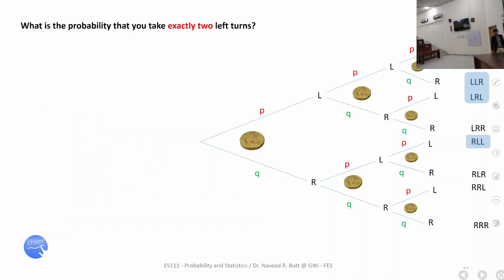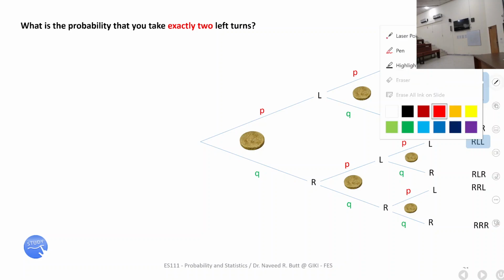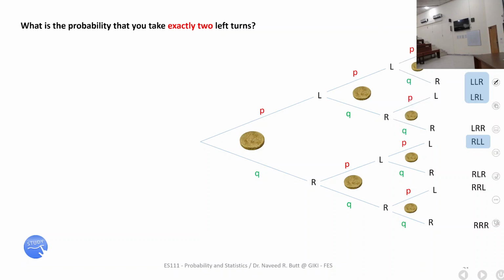Now, second question. We will come back to the first one also. What is the probability that you take exactly 2 left turns? Again, the assumption I should write here is that there are n equal to 3 trials. So you do 3 repetitions, and what is the probability that you take exactly 2 left turns?